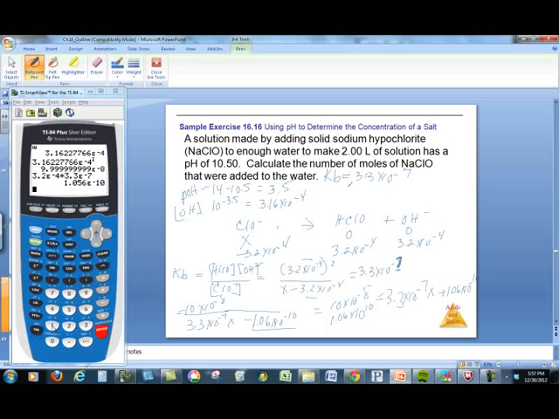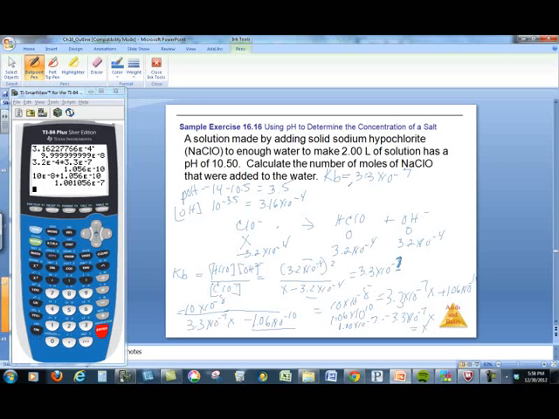So I have 10 EE minus 8 plus this number here equals, I end up with 1.00 times 10 to the minus 7th, which is essentially what I had here, equals 3.3 times 10 to the minus 7x.